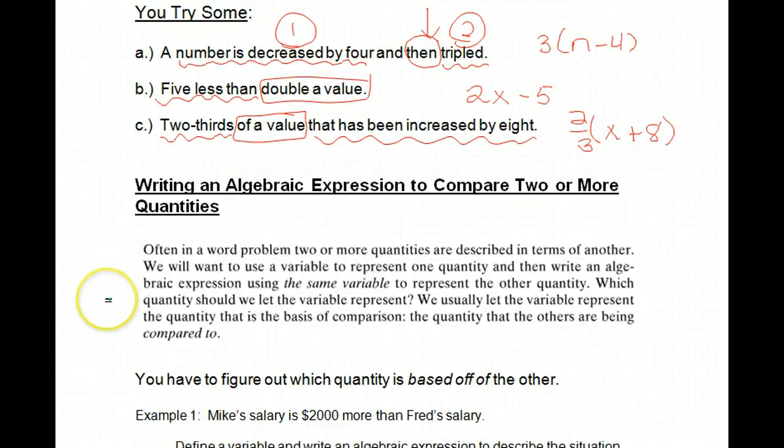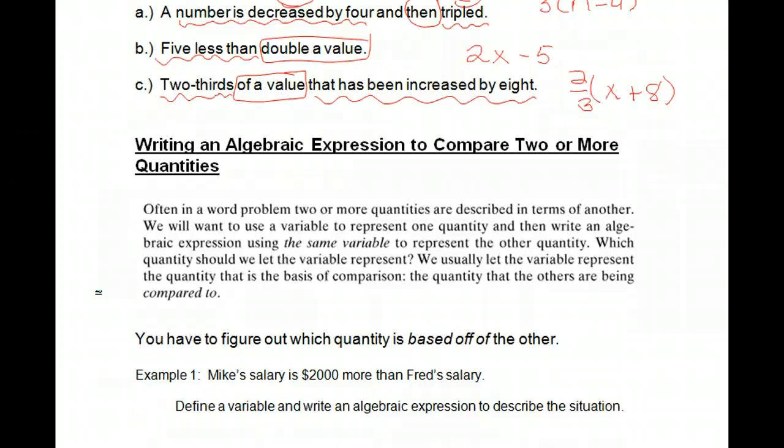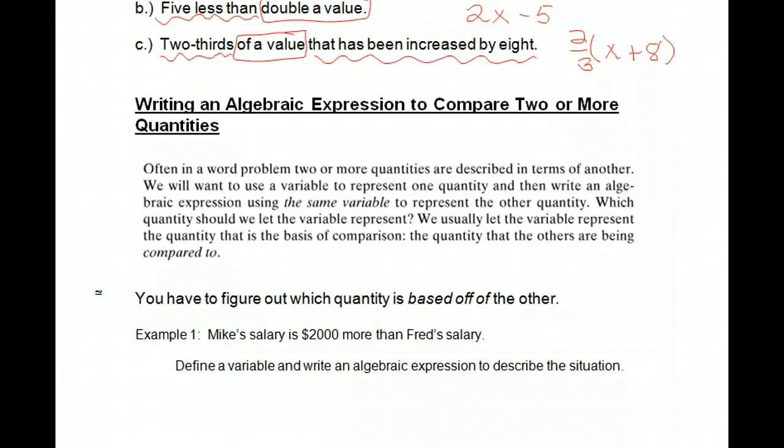Okay, the next section here, we are going to start writing algebraic expressions that compare two or more quantities. So what I'd like you to do is pause the recording and read this paragraph for me. As soon as you're ready, go ahead and hit play. Okay, by now everyone should have had the opportunity to read the paragraph here.